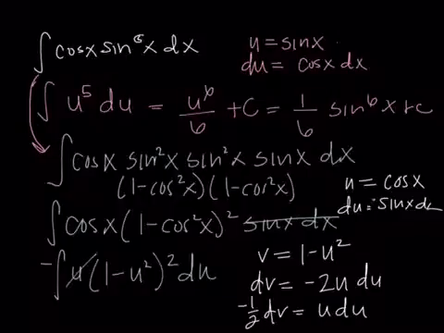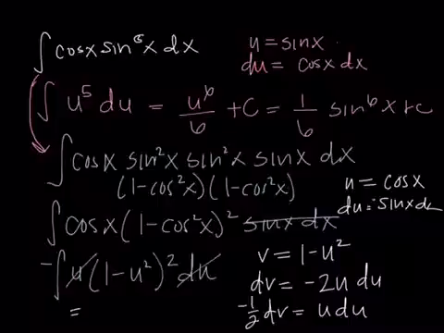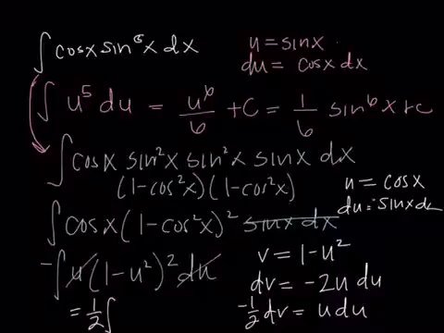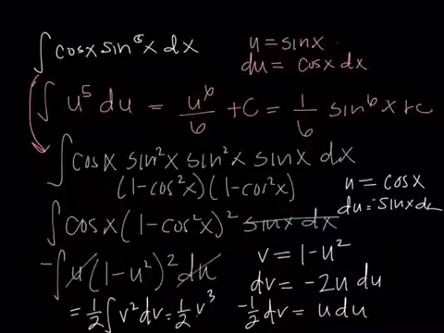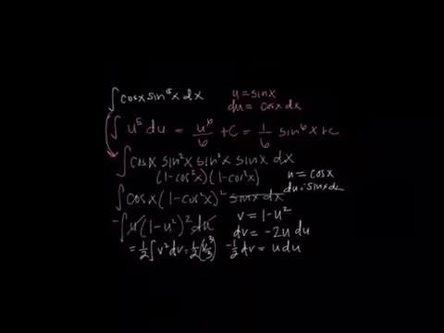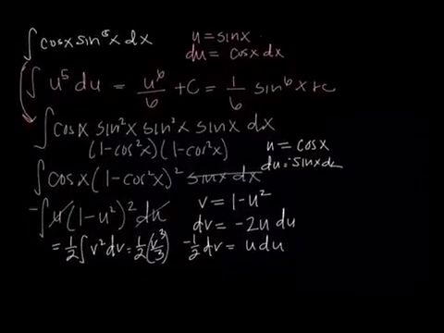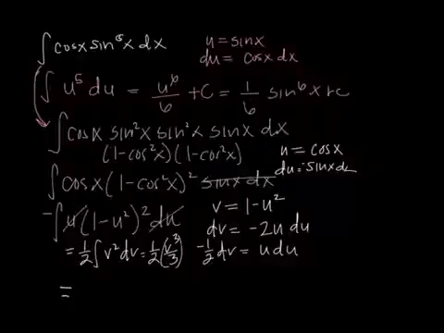So now u du becomes 1/2 integral of v squared dv, which is 1/2 v to the third over 3 plus c. Let me zoom out here. So we know that that is 1/6.